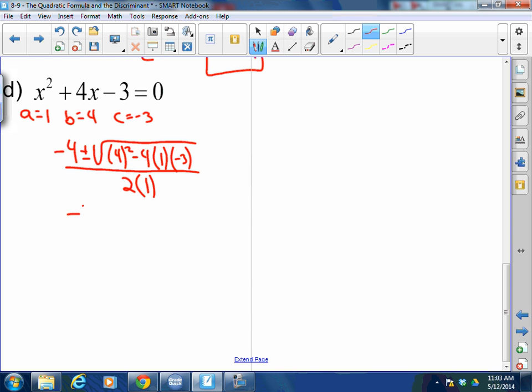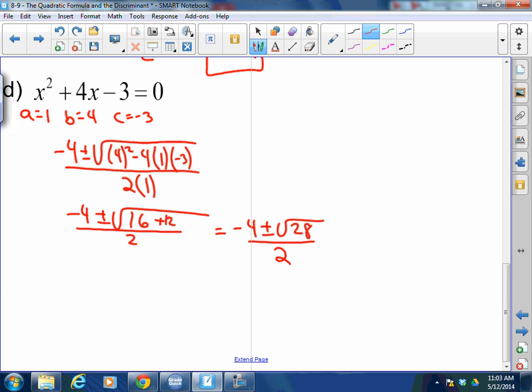That's going to equal negative 4 plus or minus 4 squared is 16. Negative 4 times 1 times negative 3 is positive 12 over 2, which will equal negative 4 plus or minus square root of 28 over 2. Are you guys with me so far?